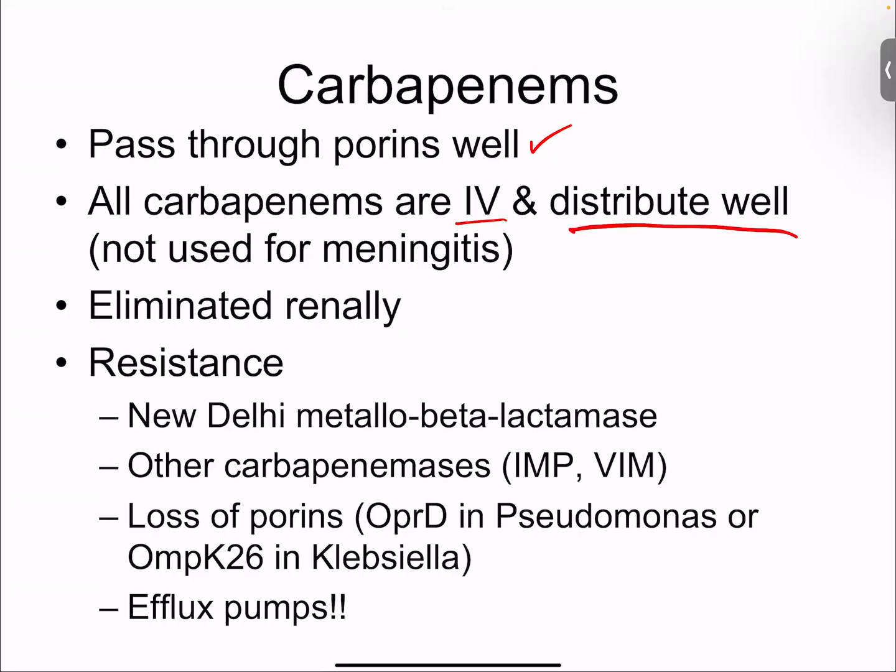I have here, I forgot to delete this, not used for meningitis. Well, perhaps not used for meningitis as initial therapy. If you come to realize that the offending organism causing meningitis is resistant to one of the preferred agents, then one of the carbapenems might be appropriate, okay? But not necessarily up front. We'll talk more about that later this semester when we get to meningitis.